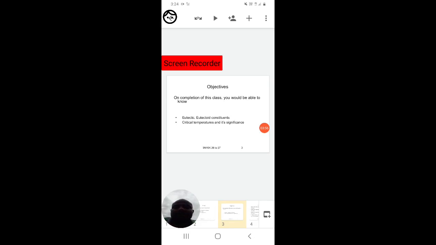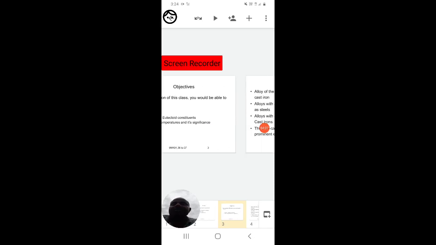So on completion of this period, you would be able to know eutectic and eutectoid constituents, critical temperatures and their significance.